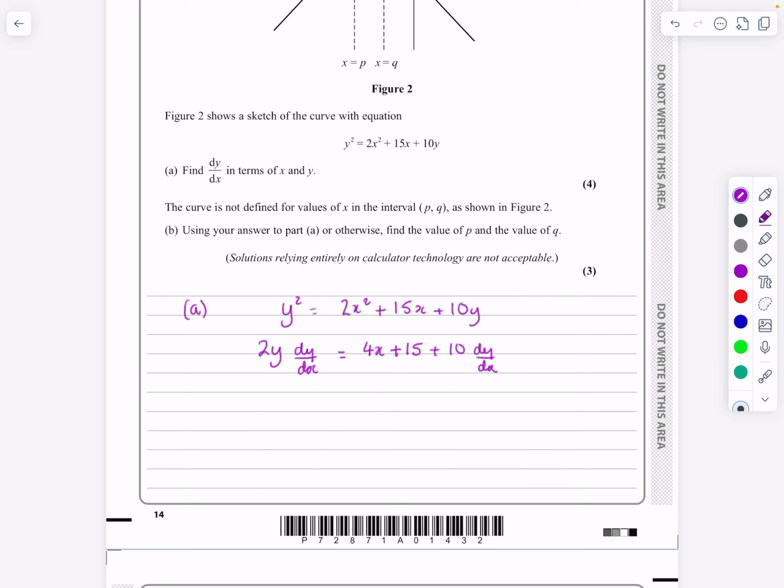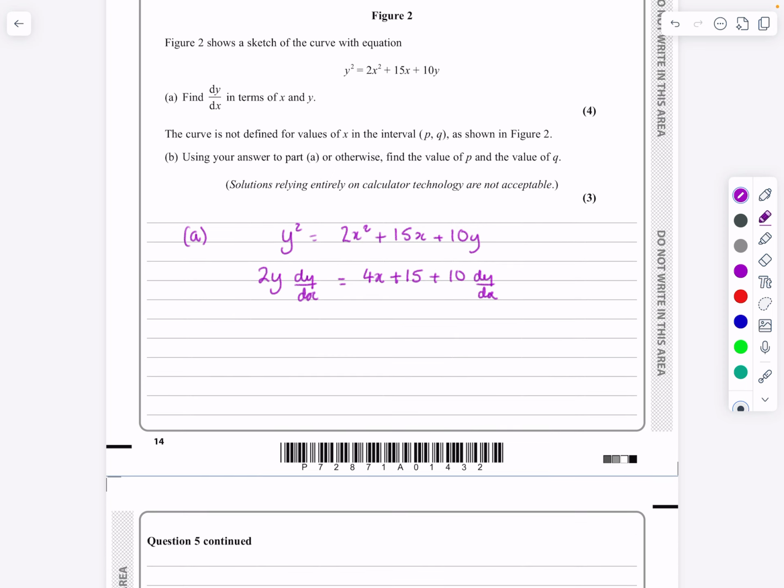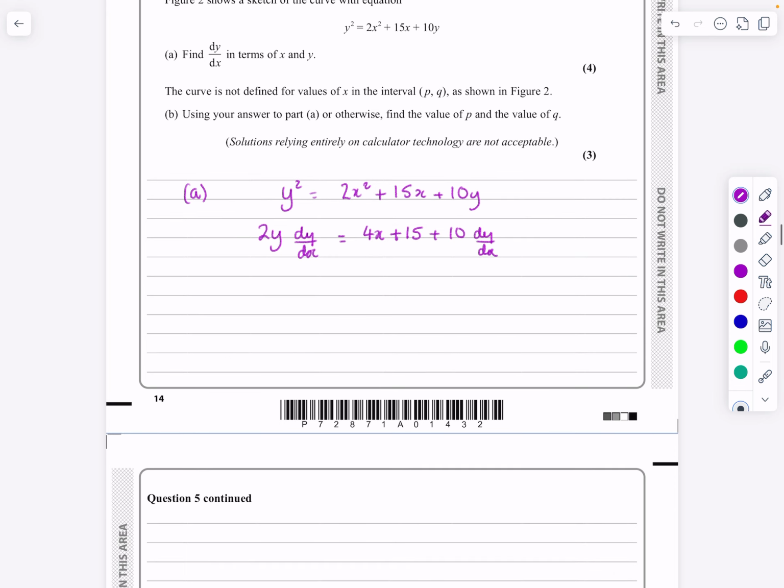So hopefully that hasn't caused you any problems. I want to get dy by dx equals, so all I now need to do is to get all the dy by dx's onto one side. I'm going to say 2y dy by dx minus 10 dy by dx is equal to 4x plus 15.